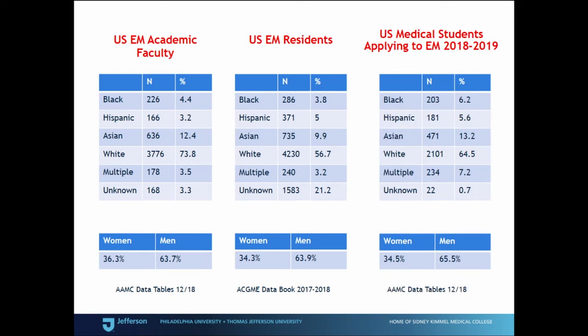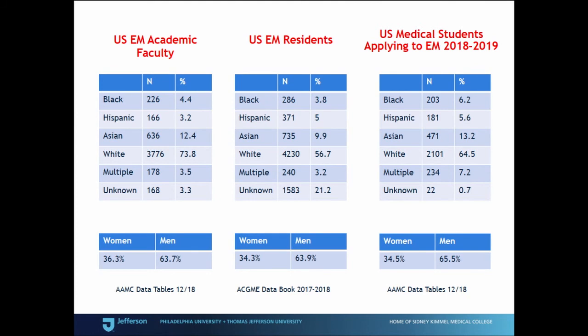So this is just something else to look at. These are the numbers. So this is the supply of U.S. medical students. So this is U.S. allopathic and osteopathic medical students applying to emergency medicine for 2018-2019. So yeah, these numbers really kind of show they're almost alike all the way through.